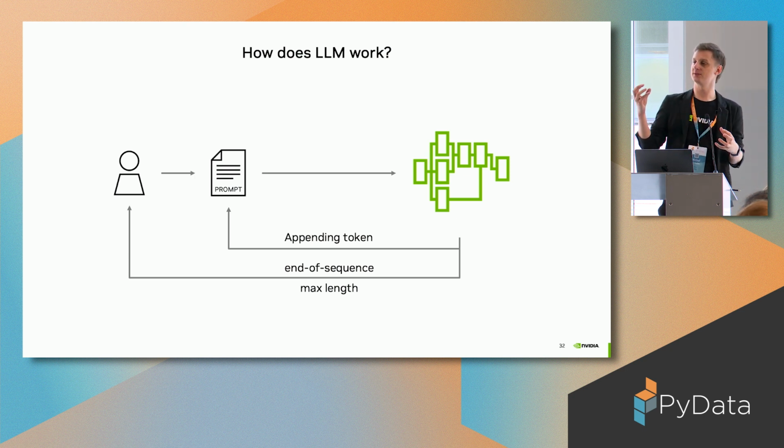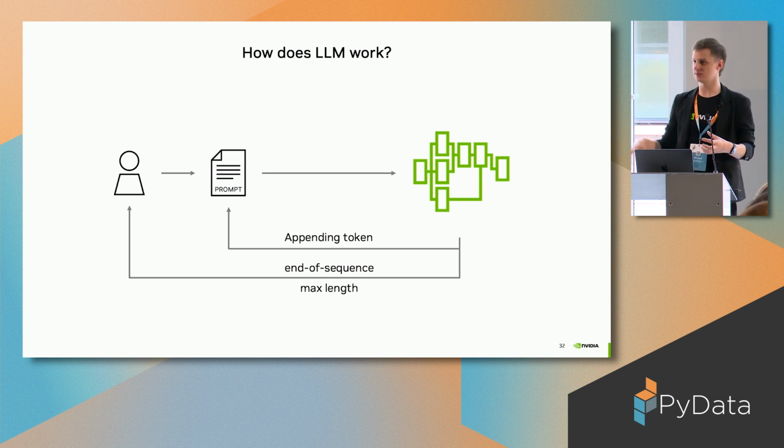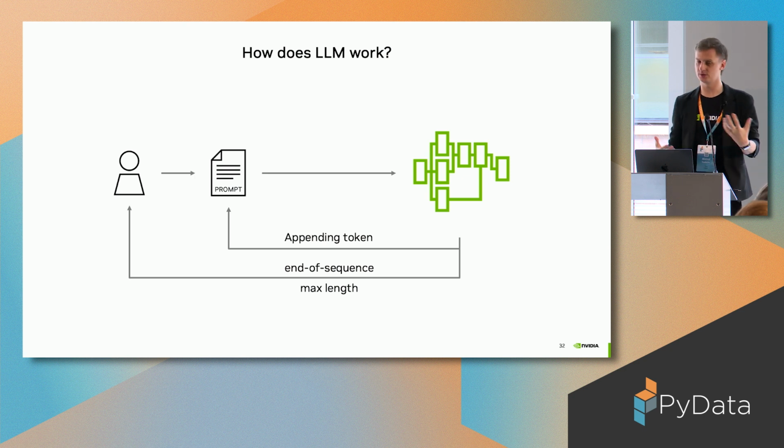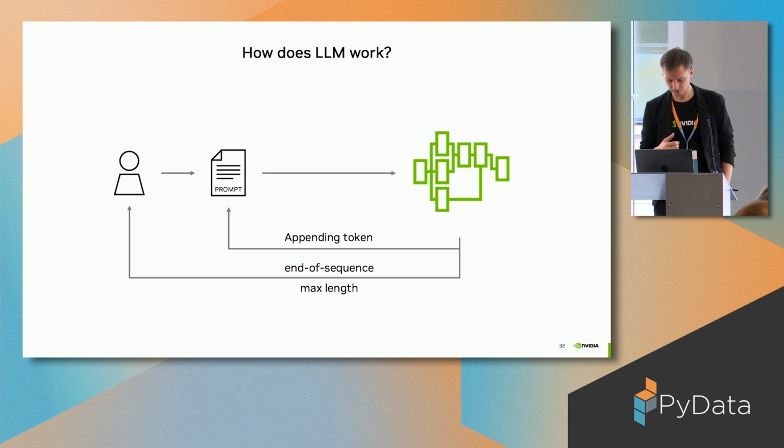The LLM creates a token, which is appended to my prompt, and the LLM is fed yet another time with the prompt. This is an iterative process that runs in a loop unless one of two things happens: first, an end of sequence token, or the max length is reached. At this point everything goes back to the user.